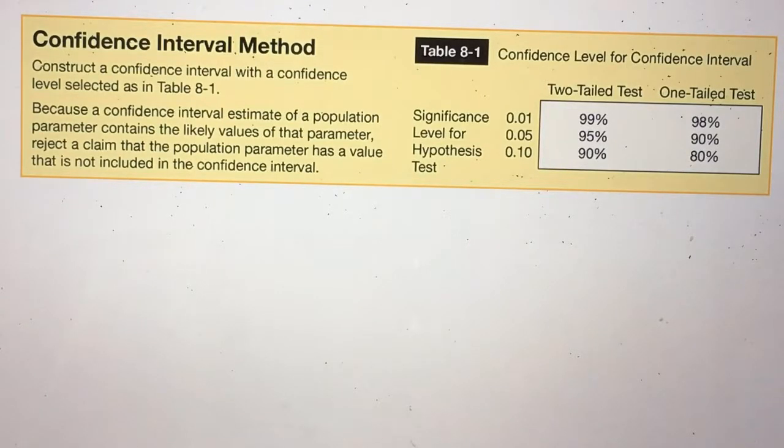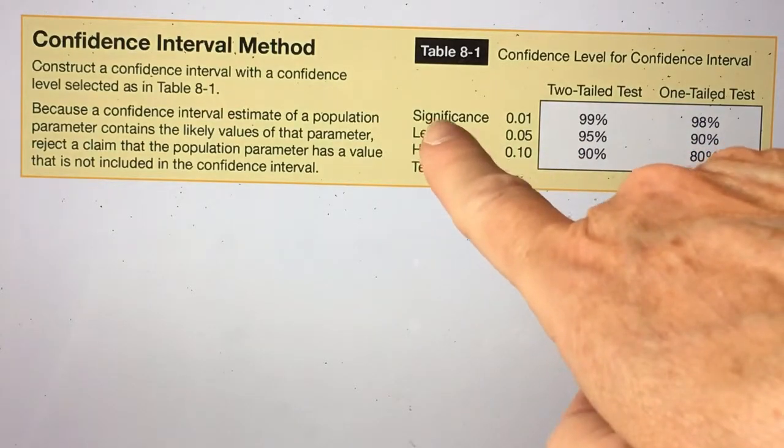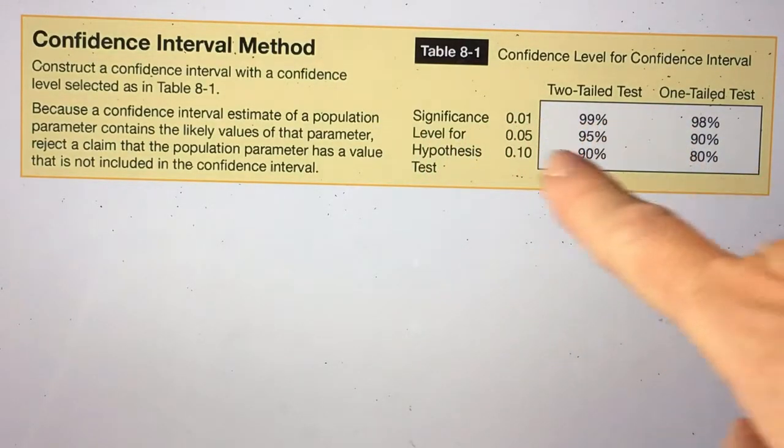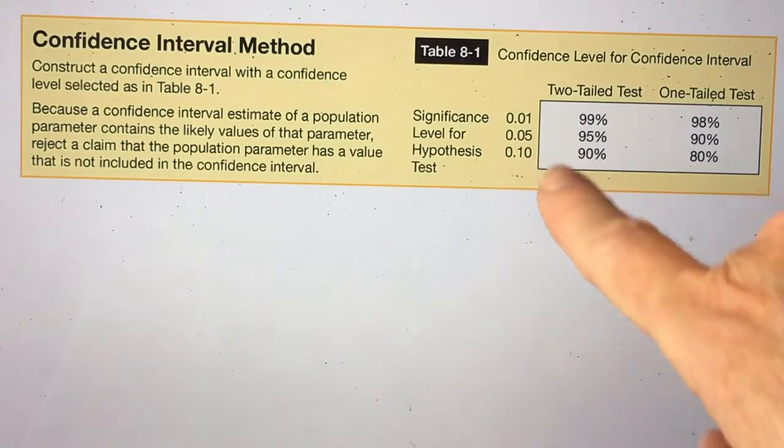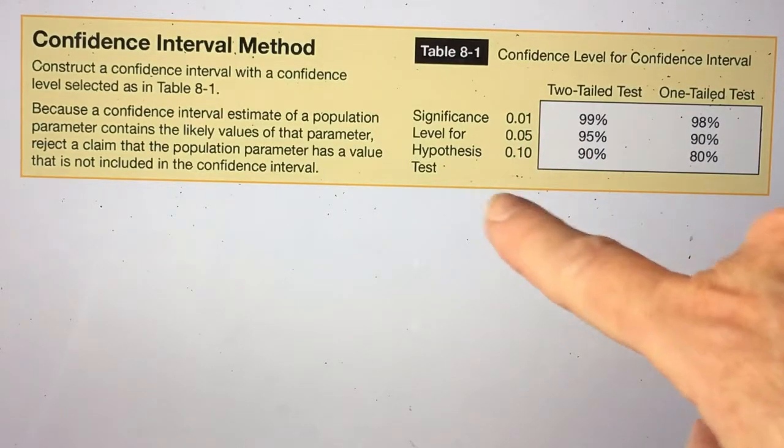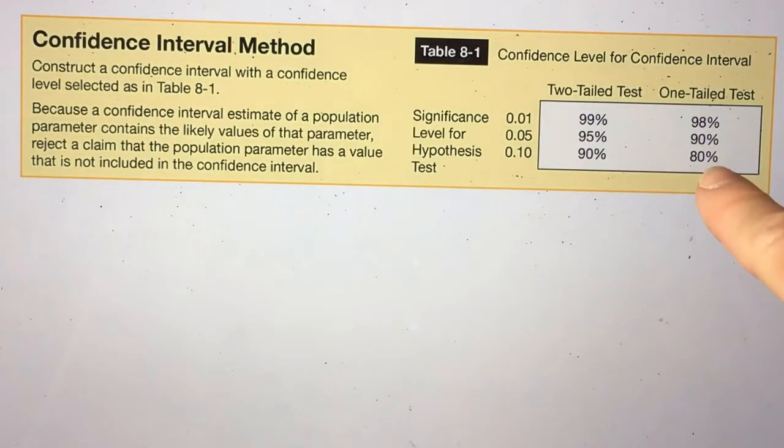So if the one that we're trying to test is outside that confidence interval, then we can reject it. The confidence level for a confidence interval is significance 0.01, 0.025, and 0.10, and this was for two-tailed and one-tailed tests. Those are just some confidence levels that you can use.